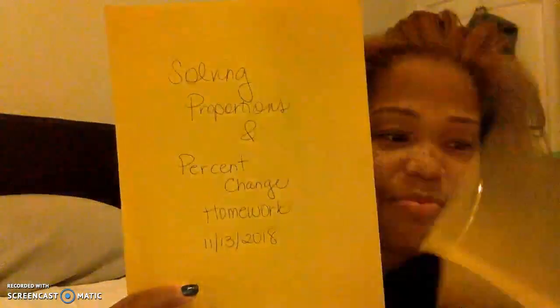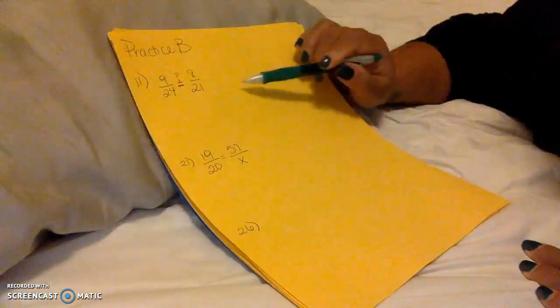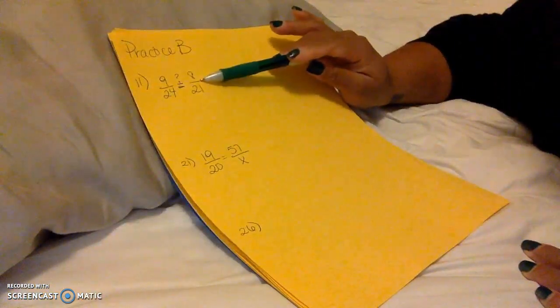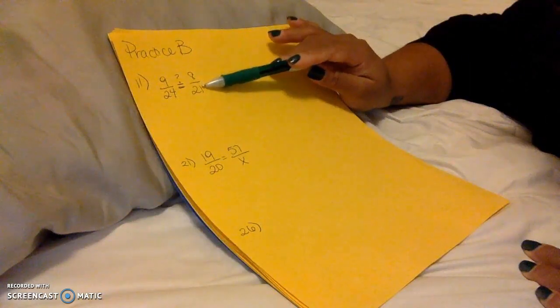On side B, I am going to go over these three examples, numbers 11, 21, and 26. The first 12 problems are about finding out whether or not this is a true proportion.